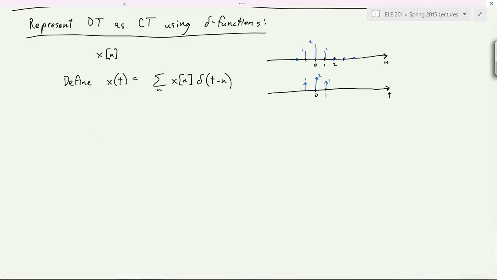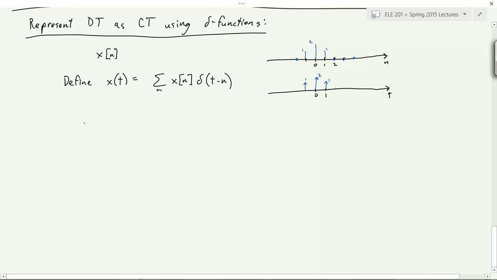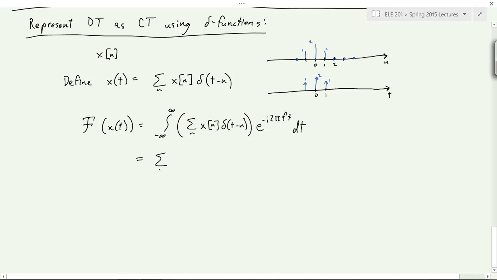So the Fourier transform of this continuous time signal is going to equal, by definition, this integral. But I'm going to plug in what we defined x of t to be. Now I'm just going to change the order of the sum and the integral.